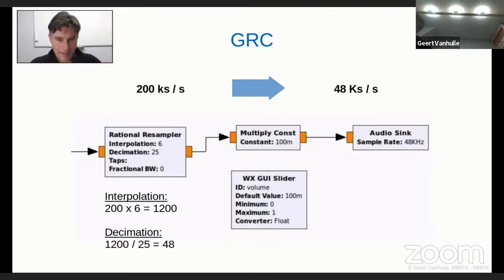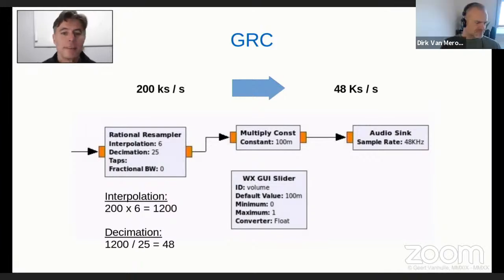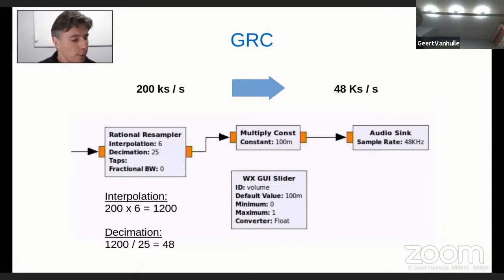Okay. There's one last thing I need to tell about this flow graph, and it's already logical. Of course, we put the multiply constant here after the rational resampler. Why? Again, for the same reasons. If you have to multiply all the samples with a value, it's of course a lot less stressful for the CPU to do this with 48 kilosamples per second than with 200 kilosamples per second.